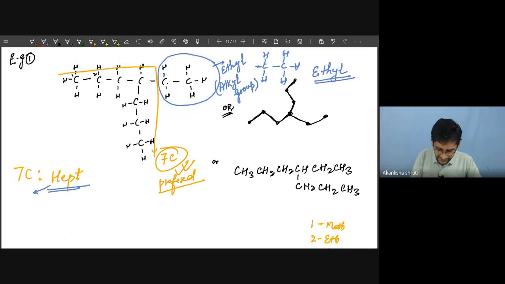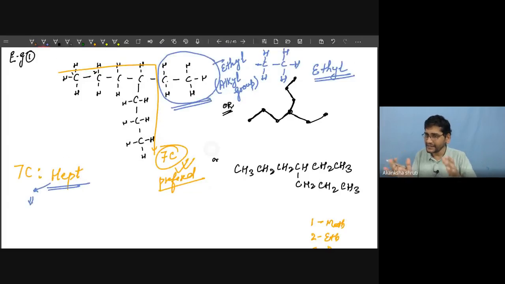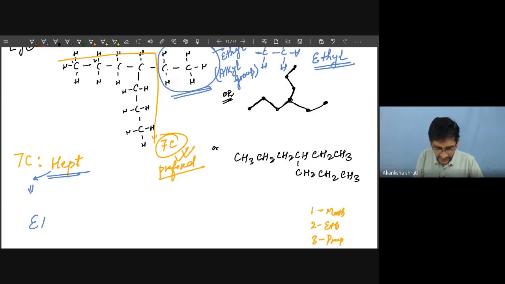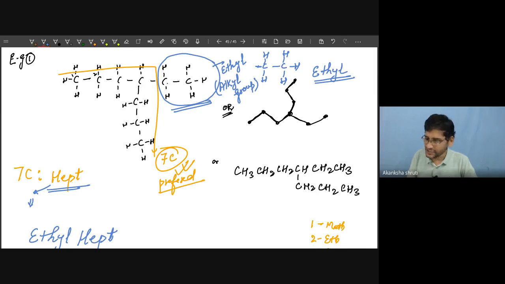After this, we need to look for which other auxiliary things are present in this structure. It is the ethyl that we have obtained. So this ethyl should be used as a prefix, and hept is okay. So hept represents the carbon chain.